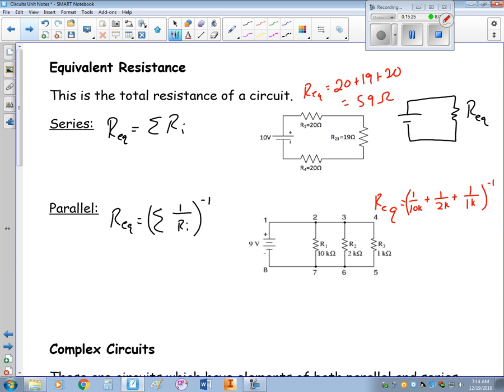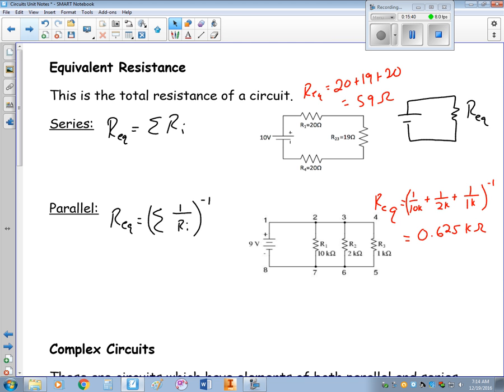And then I have to invert that. And that gives me 0.625 kilo ohms, or 625 ohms.